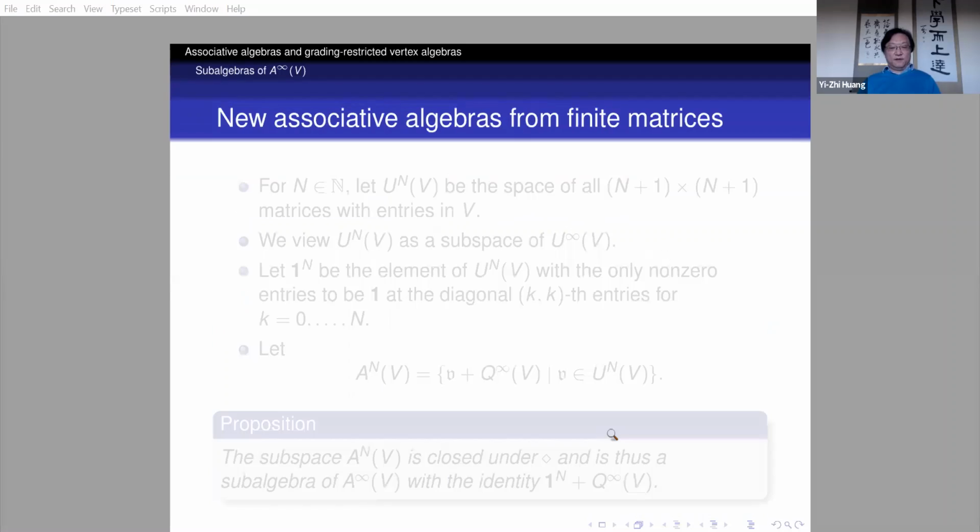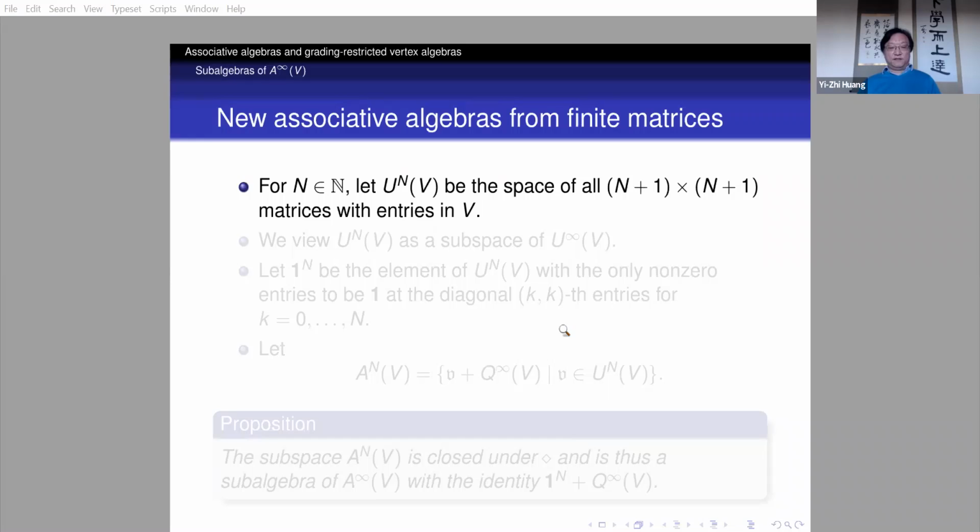Now the interesting part is that we can find infinitely many new algebras. We consider U upper n V to be the space of all (n+1) by (n+1) matrices with entries in V. This kind of matrix can certainly be viewed as a subspace of infinite matrices, so we view it as a subspace.